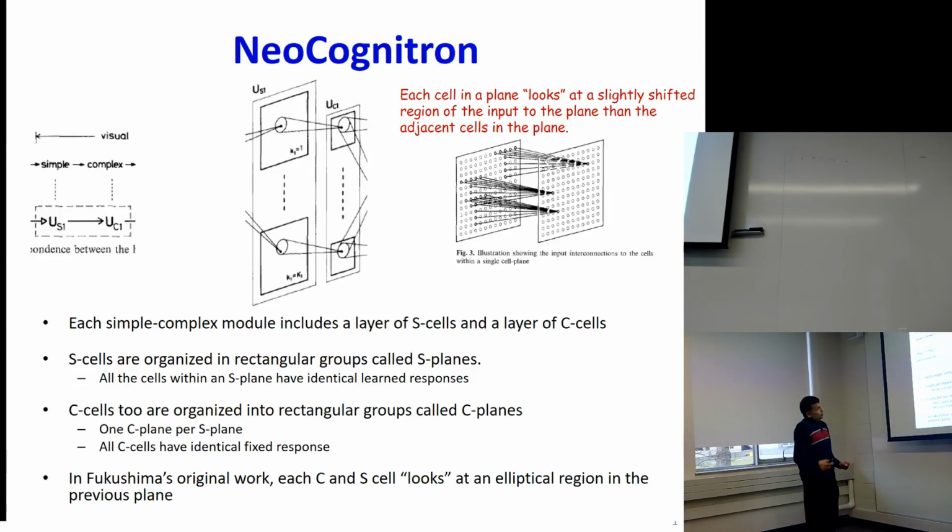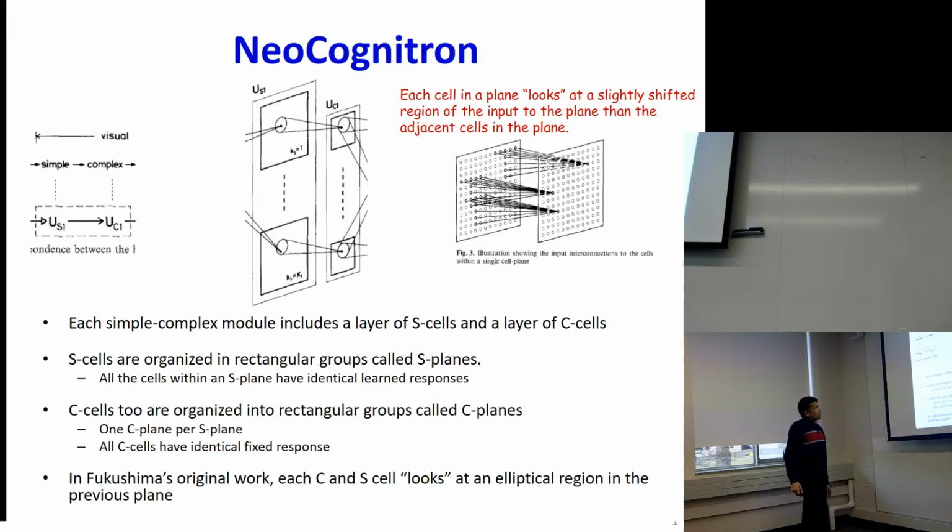So the way Fukushima originally set it up, each neuron in an S plane would look at an elliptical region of the outputs of the previous layer. So if you were looking at the very first S plane, each neuron over here is going to look at an elliptical region of the retina. Each neuron in the C plane is looking at an elliptical region in the S plane.